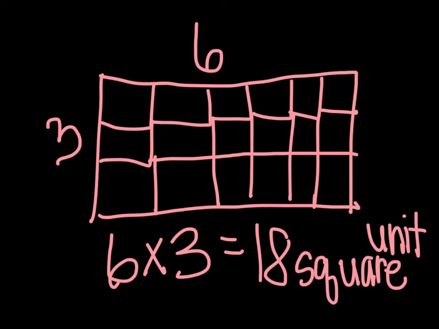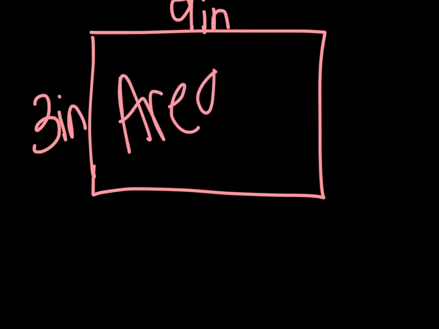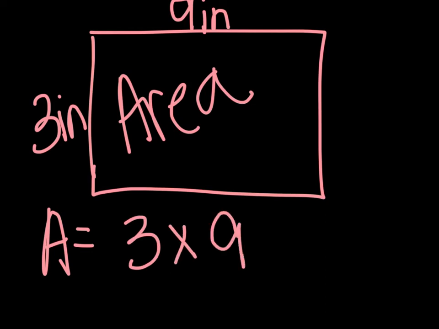So let's do another example. This time here's my shape, and I'm going to give you my measurement in inches. If I was looking for the area of the shape, the inside, remember, to find the area, you're multiplying length times width. So area equals length times width.